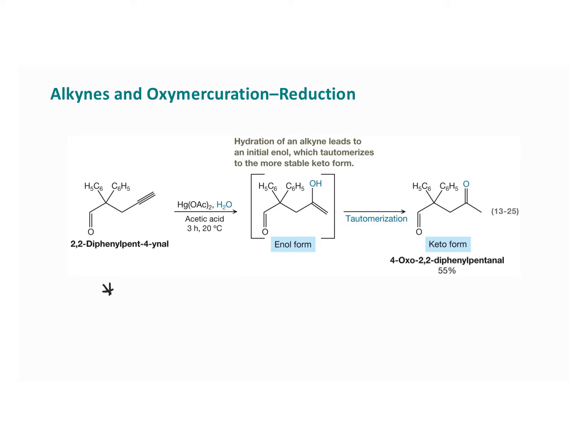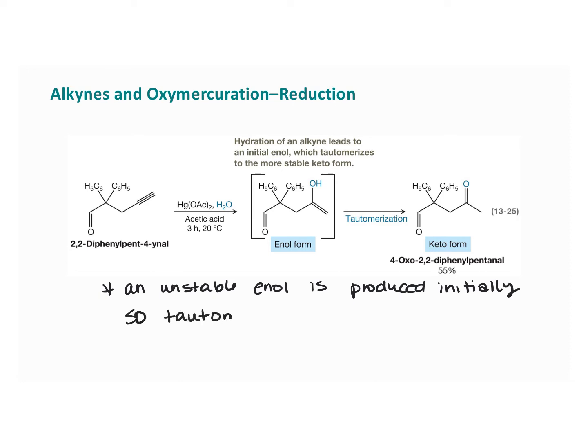So that unstable enol is produced initially. So tautomerization from that enol to the keto form occurs.